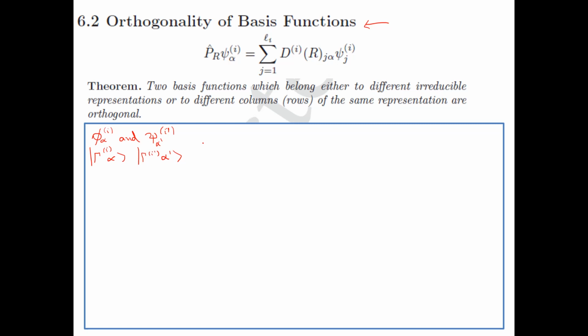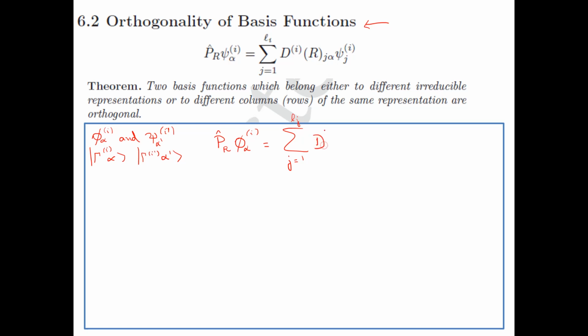Let's do this by looking at the effect of applying the same symmetry operation P of R onto phi alpha I. As we have seen, this can be written as a linear combination from j equals 1 to Lj, where Lj is the dimensionality of the gamma I representation.